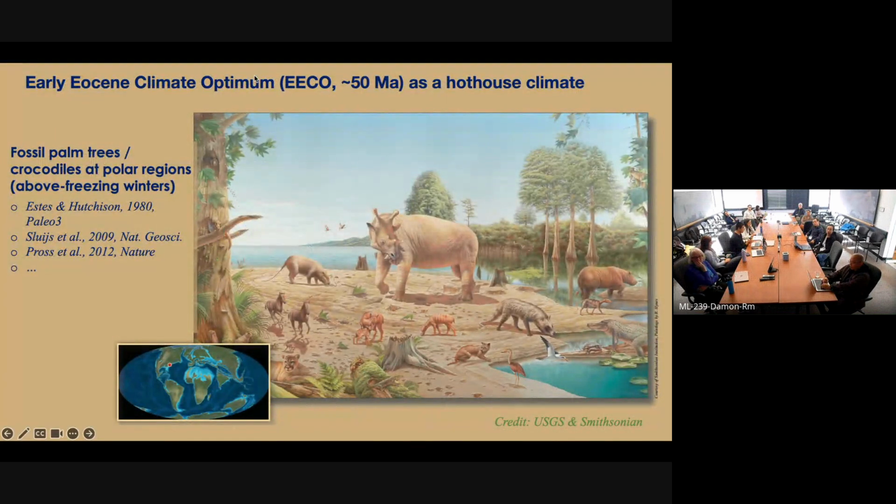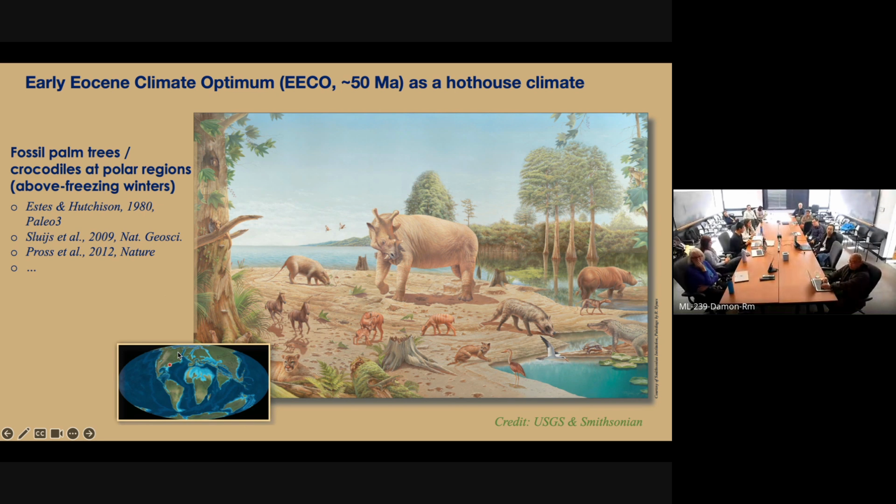And let's jump into the early Eocene, which occurred roughly 50 million years ago. And it is a hothouse climate. From fossil remains, people have known for several decades now that the early Eocene was very warm, and we have fossil remains from palm trees and crocodiles from polar and mid to high latitudes.